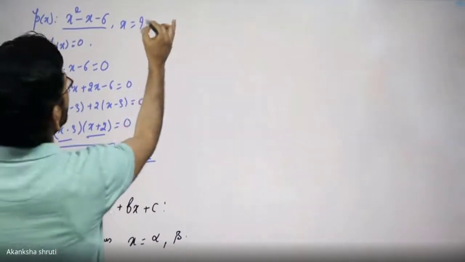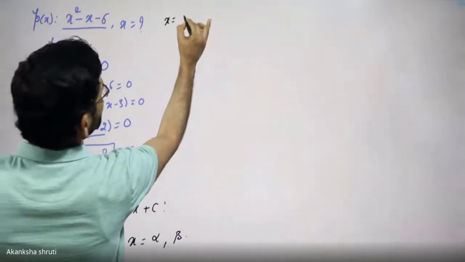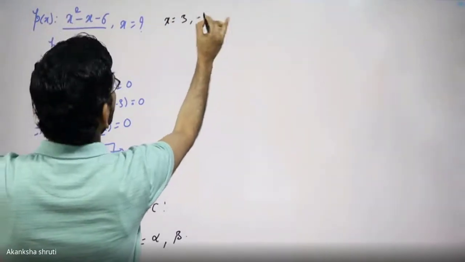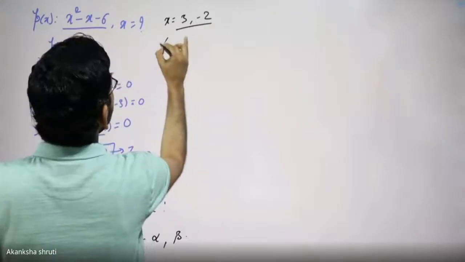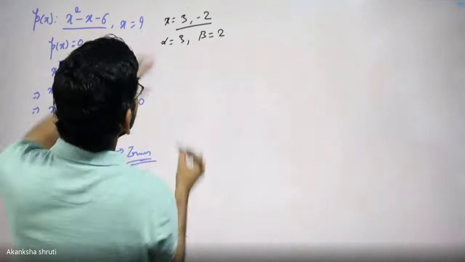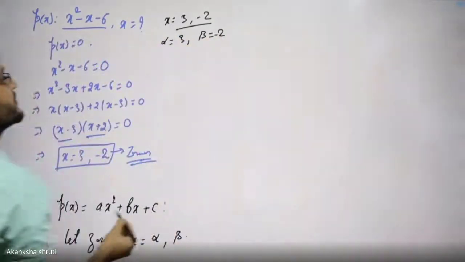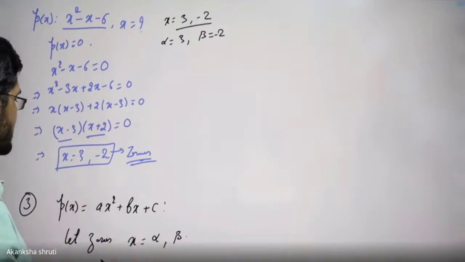Like here, the two values of x that we have calculated for this question are 3 and minus 2. Here alpha is 3 and beta is minus 2. You may take alpha as minus 2 and beta as 3. You are free to take any one as alpha and the other as beta.